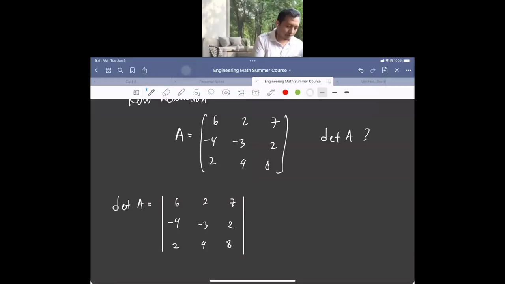So first, we can factor out from 2, 4, 8. We can factor out 2. So we can just write 2 outside here. Still okay. And this becomes 1, 2, 4.